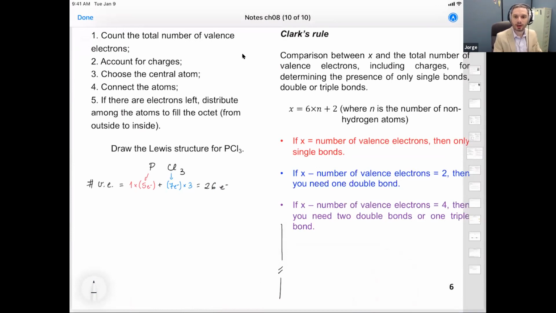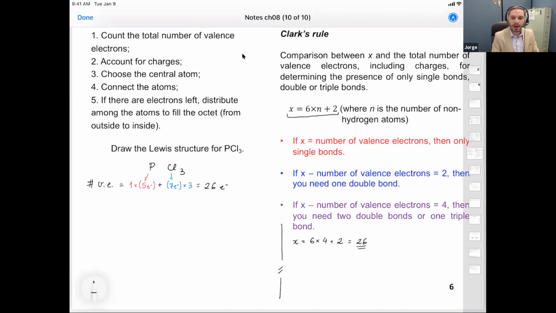Now, let's use Clark's rule to give us an idea if we have only single bonds, if we need a double bond, or if we need a triple bond. Clark's rule is going to compare X with the number of valence electrons. X is 6 times the number of non-hydrogen atoms: 3 plus 1 is 4, so 6 times 4 is 24, plus 2, that is 26.